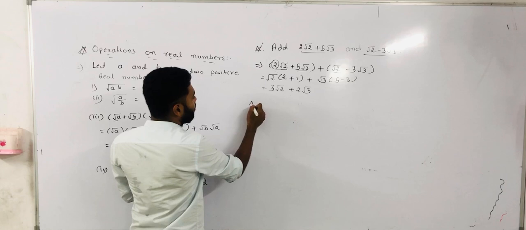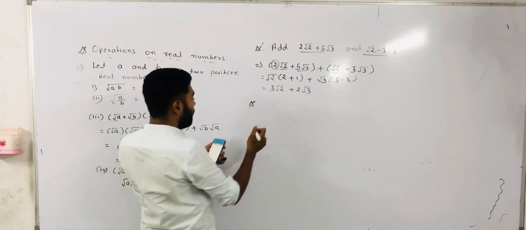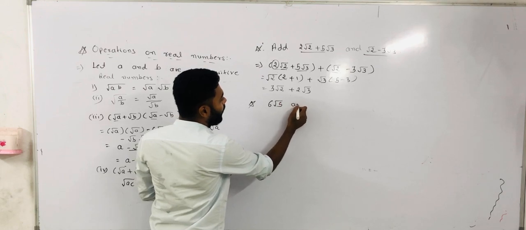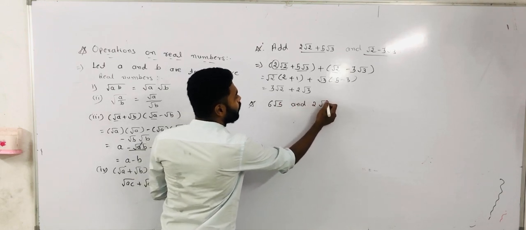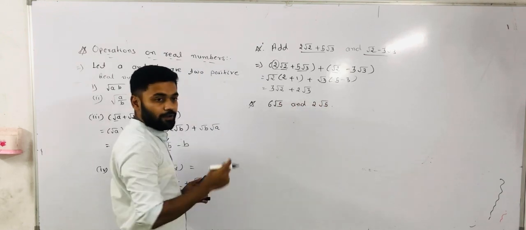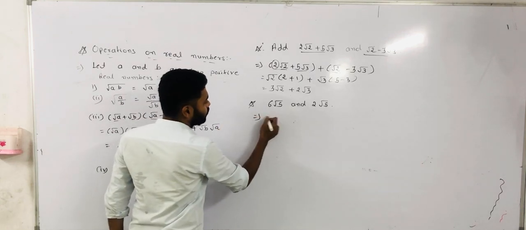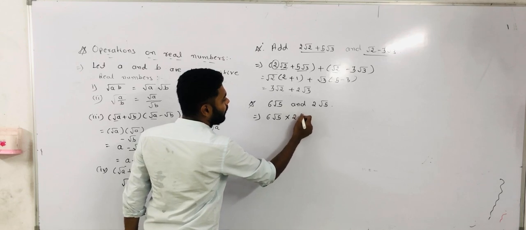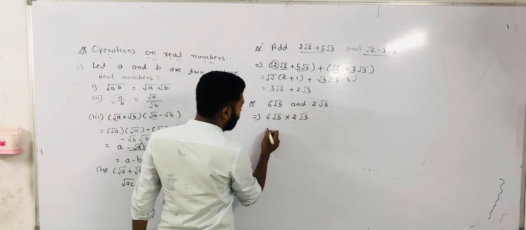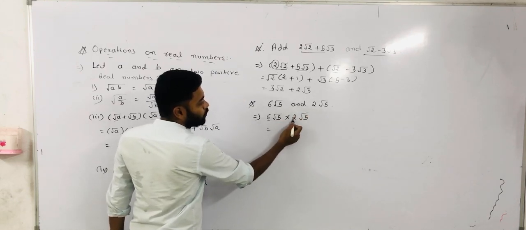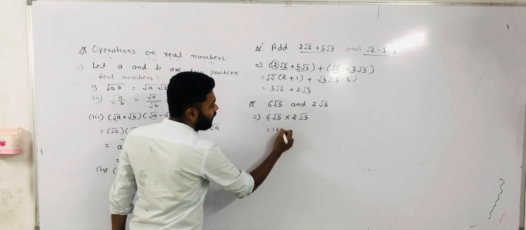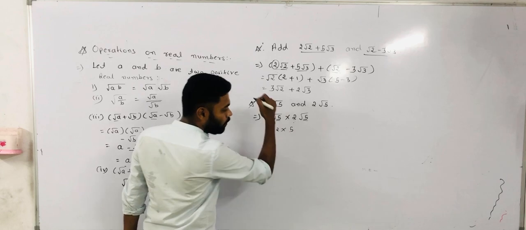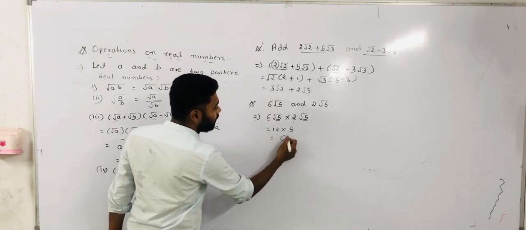Similarly, if you are given multiplication, let's say multiply two numbers that are 6 root 5 and 2 root 5. We have to multiply these two numbers. So 6 root 5 multiplied by 2 root 5. 6 2s are 12. Root 5 into root 5, that is equal to 5. 12 5s are 60.